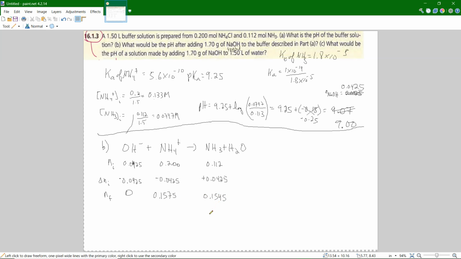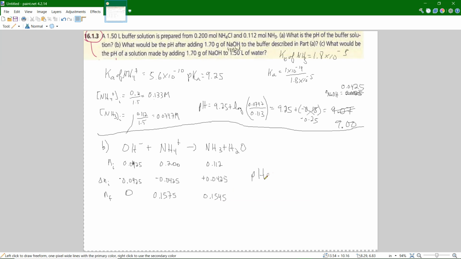Okay, so now I can get the concentrations, but like I said, I just want to get the pH, so I can just use the mole ratio, which will work fine.